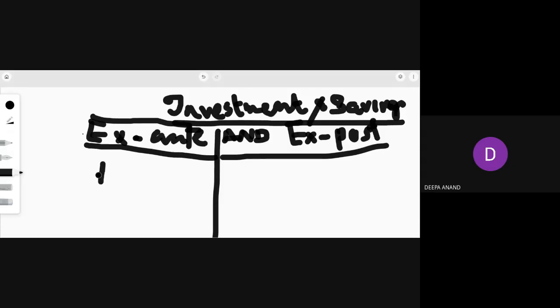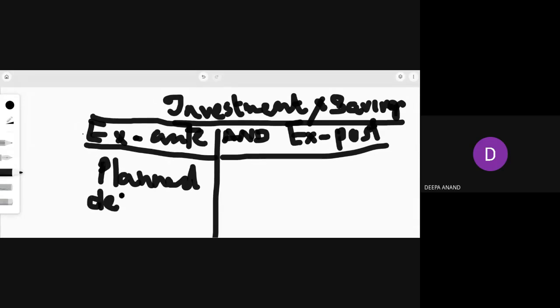Ex-ante is the plan. It can be the expenditure, the investment, the saving, whatever is planned is known as ex-ante. Just keep in mind anticipated. What is anticipated? It is not actually incurred.